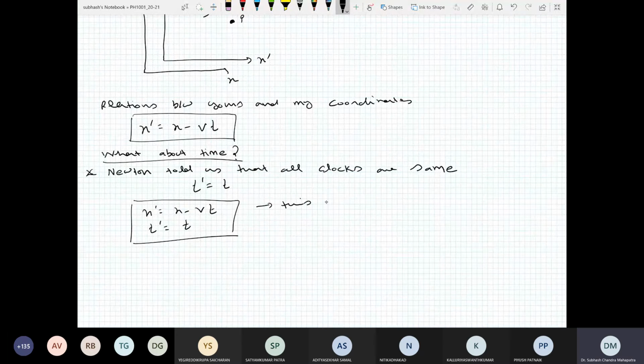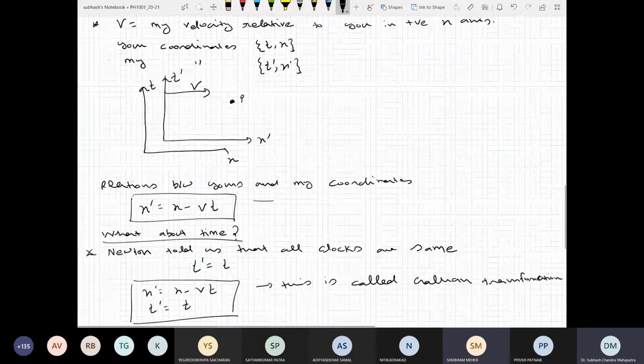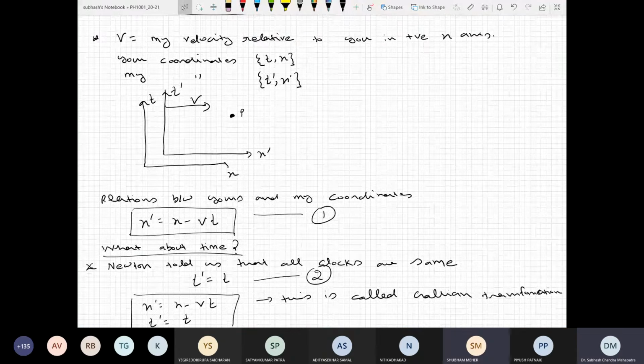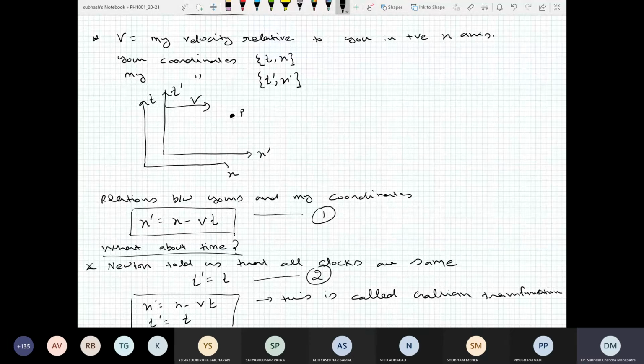Excuse me, sir. Previous equation, can you make me understand once again, sir? Which equation are you talking about? This one? Yes, sir, the first equation. So what's the problem in the first equation? You just see, you are moving with velocity v, so you are approaching the point P, right?